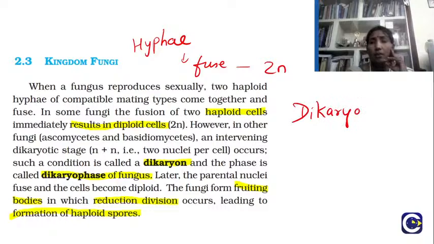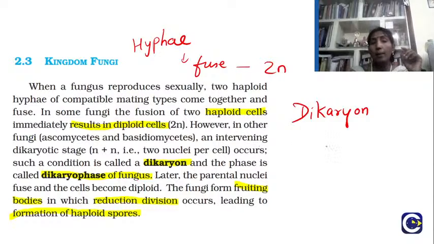This is definitely a question. In the dikaryon we have two nuclei per cell. Normally a haploid cell should directly become diploid after fusion, but in between we have the dikaryon stage. Di means two nuclei per cell, and that phase is called the dikaryophase of the fungus.